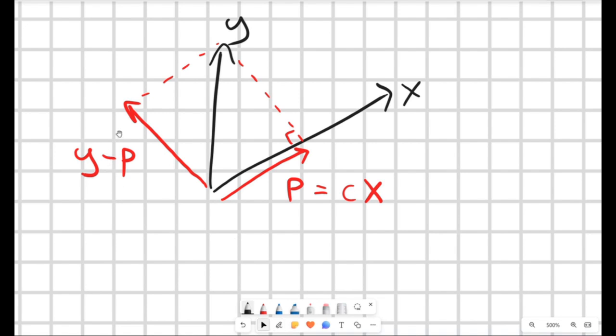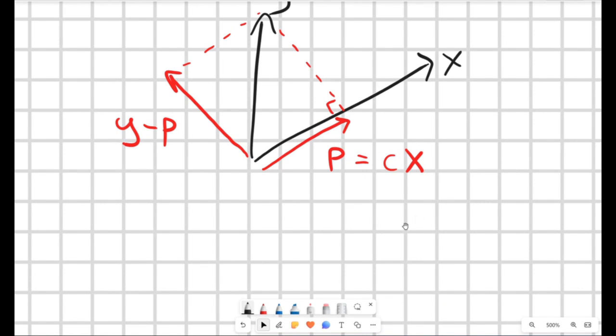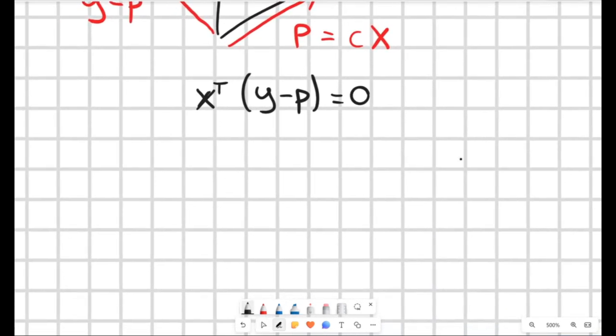As we said, this vector is orthogonal to x, and so by definition that means we can write that x transposed multiplied by y minus p is equal to 0. And so x transposed y minus x transposed p is equal to 0.